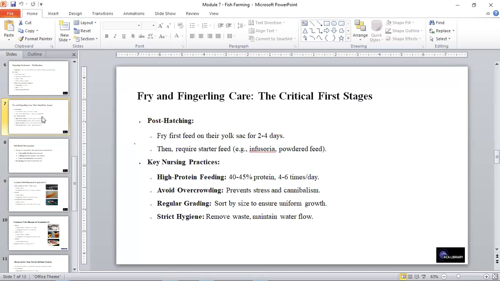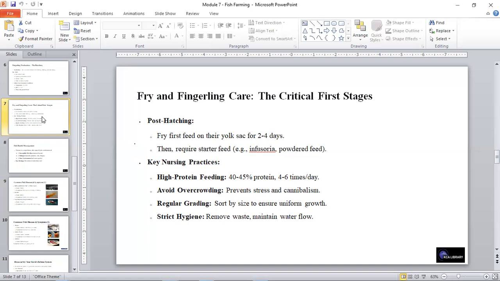So the key nursing practices to maintain for fry and fingerlings are high protein feeding. There is need for about 40 to 45% protein in the feed of the fingerlings and fry. And you need to feed 4 to 6 times daily.